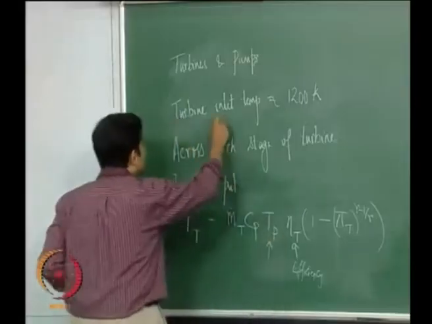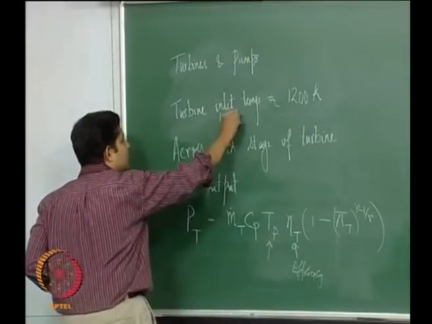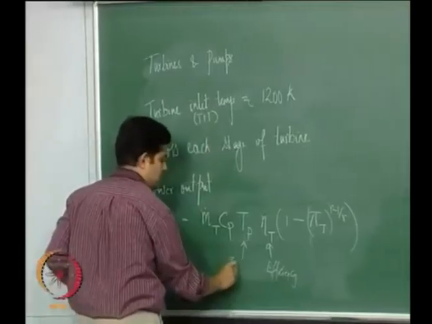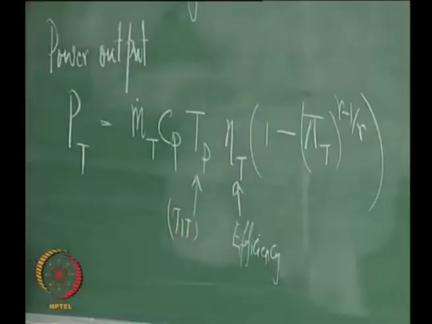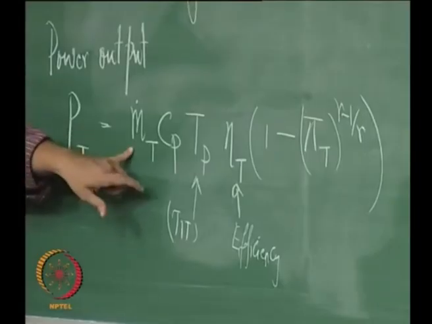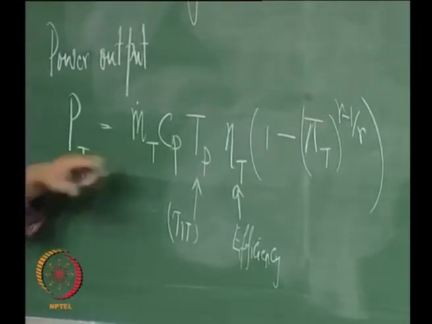This is nothing but turbine inlet temperature. Mt is the mass flow rate through the turbine.